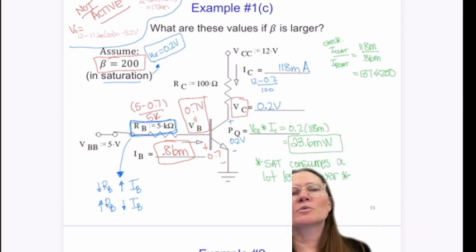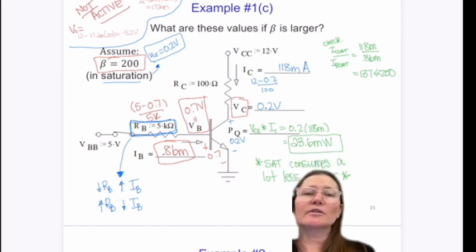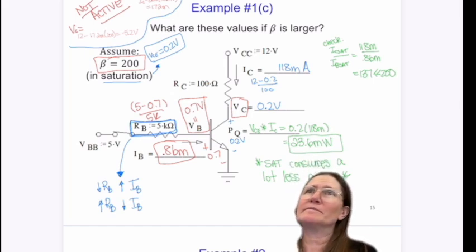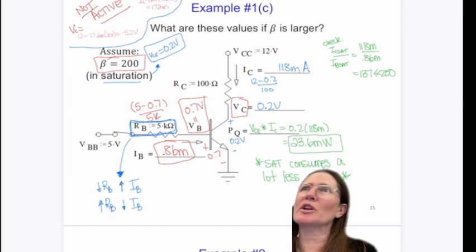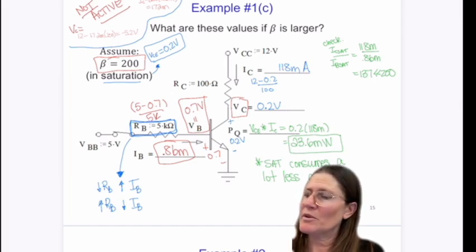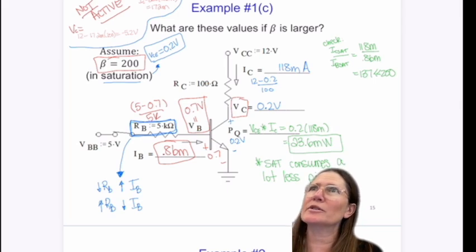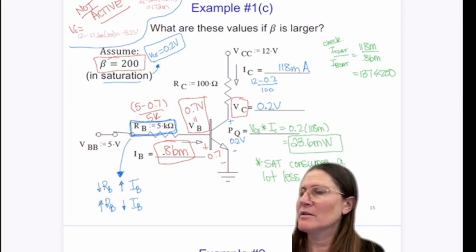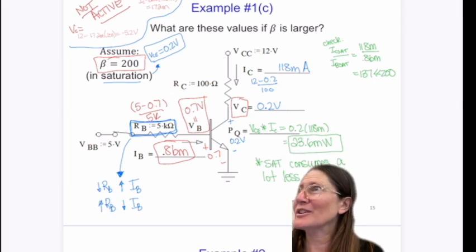So VC you want to make sure is less than VB. So if I lower IB and I have an active mode relationship, is VC higher or lower? What do you guys think?